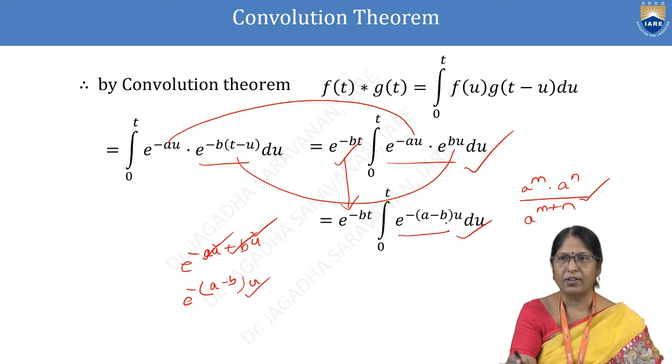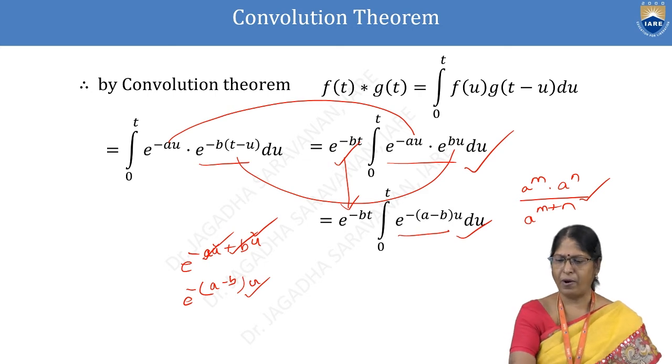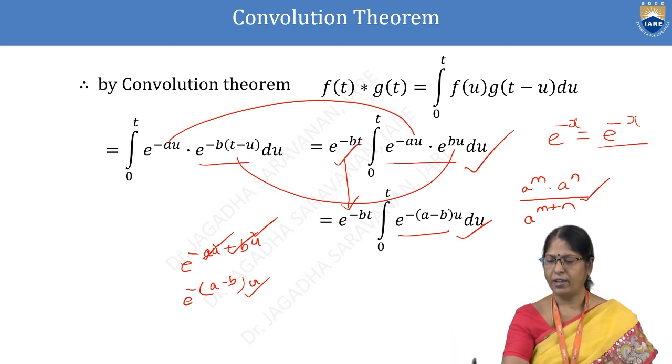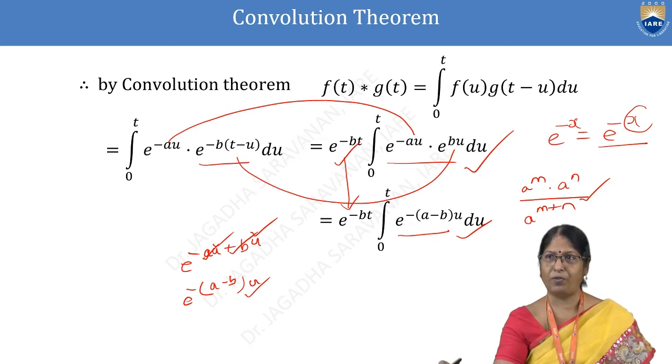Now this part, we have to do the integration. Very simple integration: e power minus x is there. What is the integral of e power minus x with respect to x? In general, the integral of e power minus x is e power minus x, but what about the x coefficient? That we should not forget.